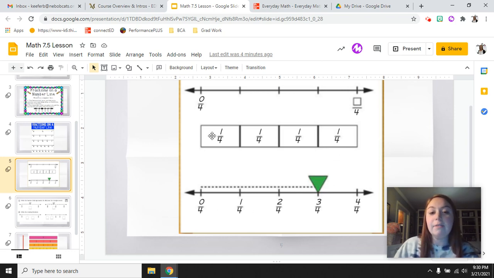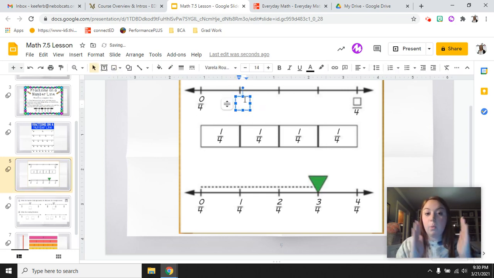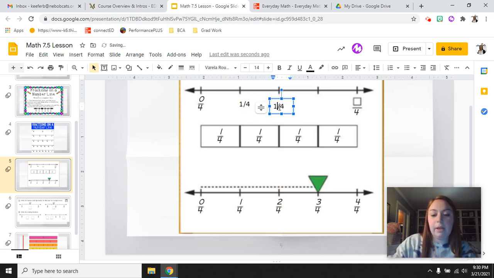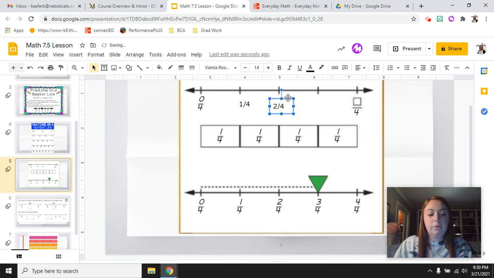So if I had none of these filled in, that would be 0/4, or that would be here. If I had one of them filled in, that would be what? It would be 1/4. What about if I had 2 of them filled in? That would be 2/4.